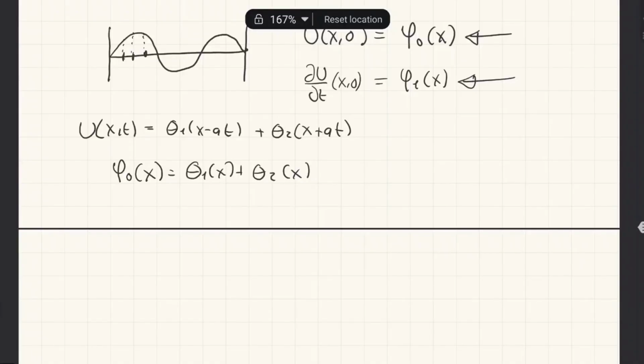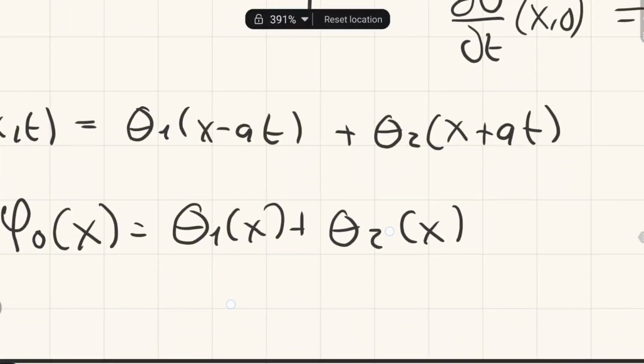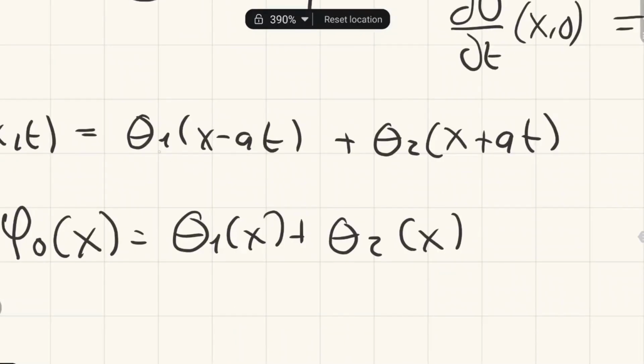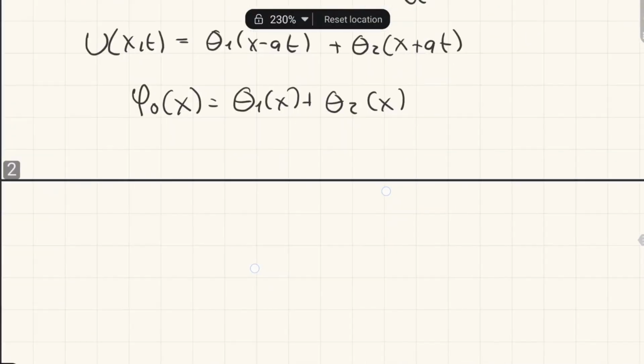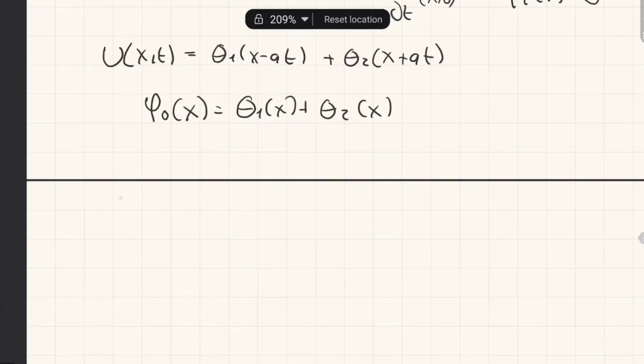Okay, now we are going to make use of the second initial condition. To do that, we need to take the derivative with respect to time of u. But again, the argument of theta 1 is a function of x and t. So we need to take first the derivative of theta 1 with respect to the argument, and then the derivative of the argument with respect to time, right? So we are going to use this notation.